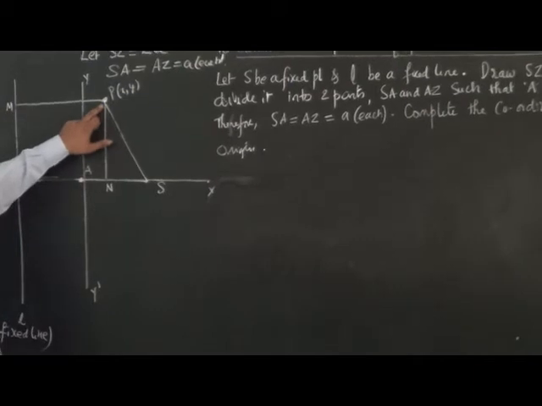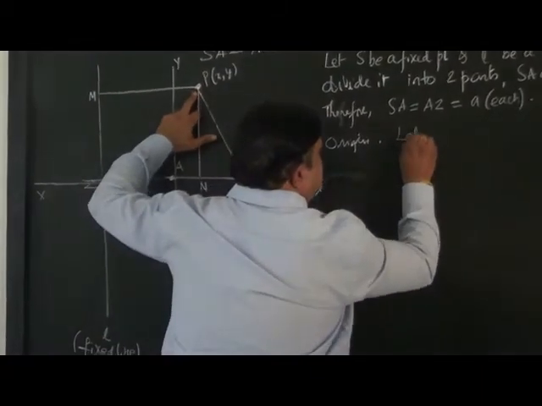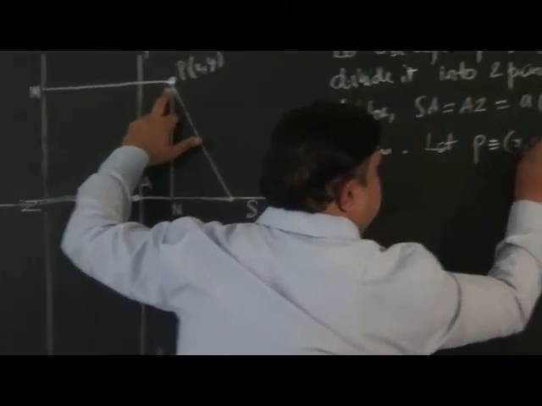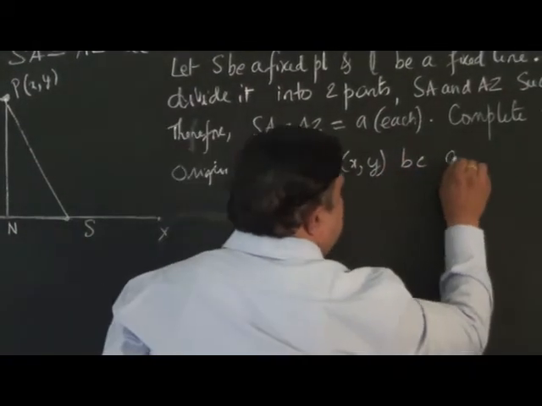Then we talked about the moving point P. Let P equals x comma y be a moving point.